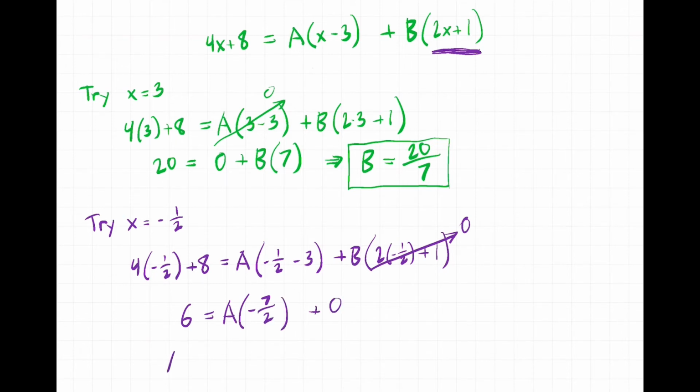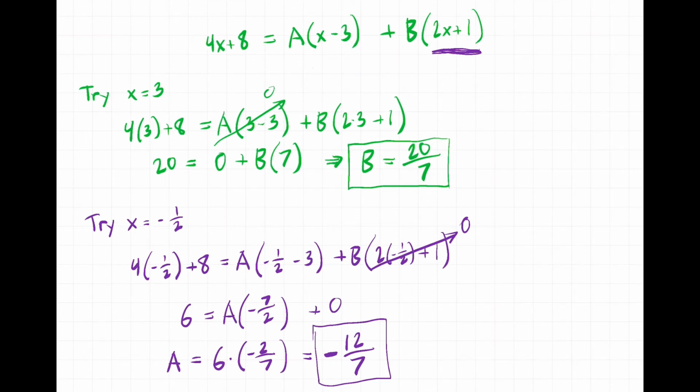So if we solve for a, it's going to equal 6 times the reciprocal of that negative 7/2, which is negative 2/7, which is therefore negative 12 over 7. That is what a is.